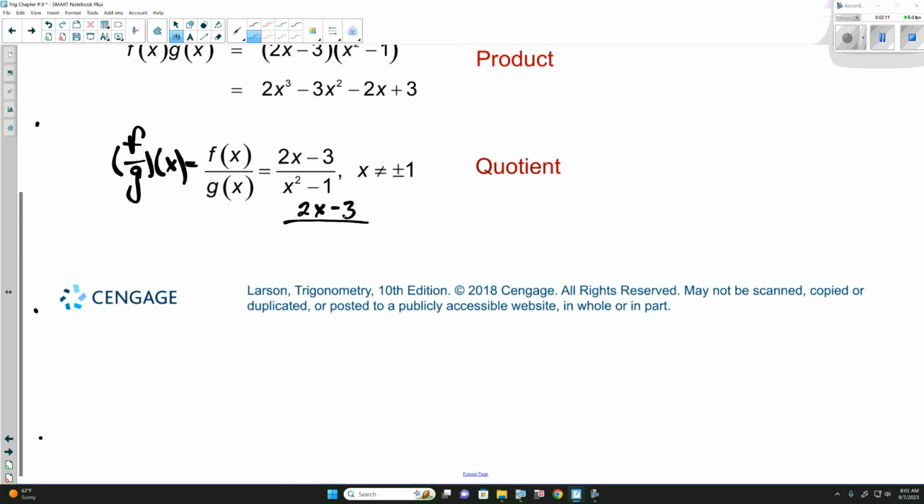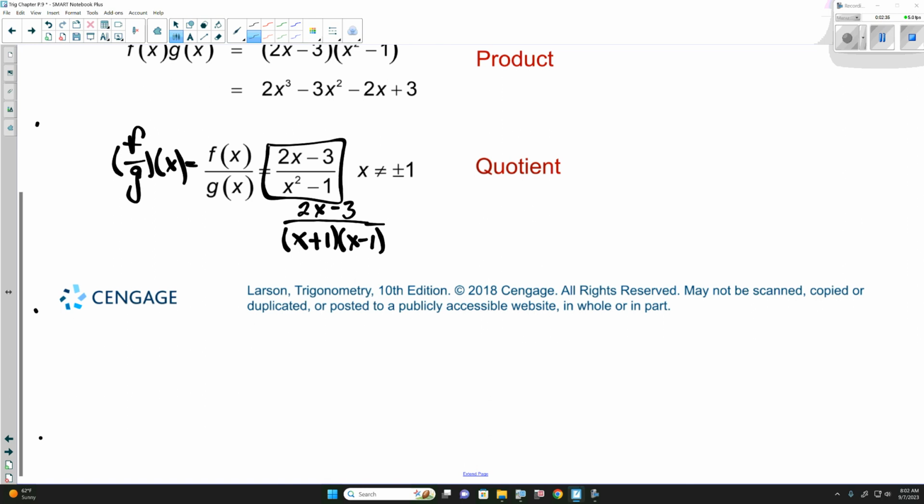It's a difference of perfect squares, yes? Now, part of the reason they didn't factor it is, I'll factor it here. x plus 1, x minus 1. 2x minus 3, there's no greatest common factor. There's no way we can factor it. So is there a like term on top and bottom? Well, no. So really, this is as simplified as it gets.